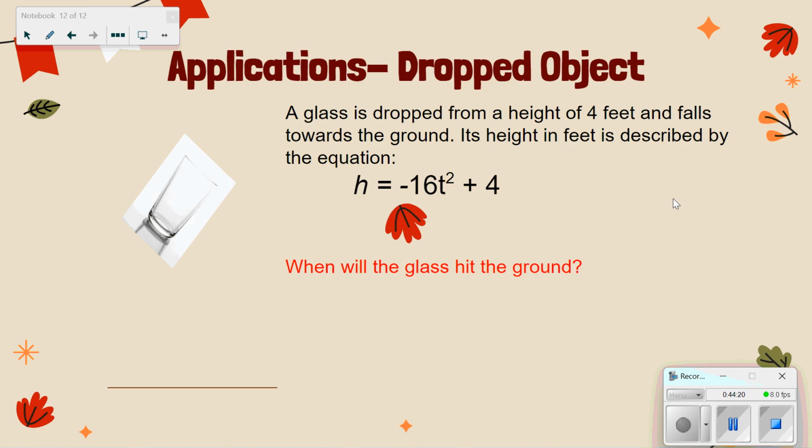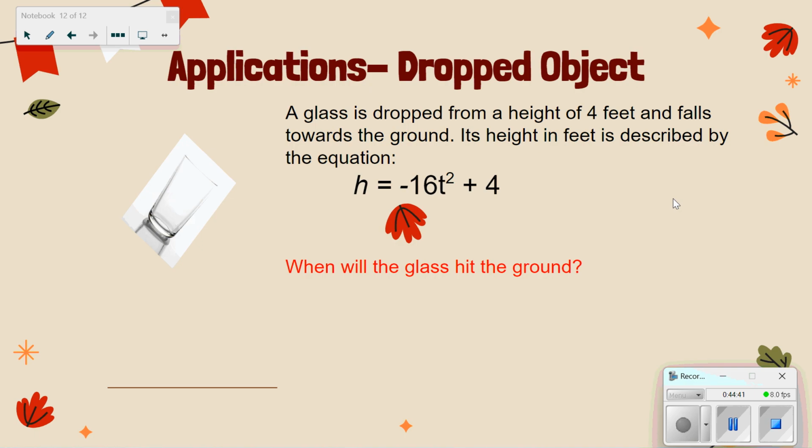Focus. So now let's get into our applications. It's going to be lots of the same types of situations that we were just seeing before with regressions, like finding vertexes, solving, or finding specific values. But now it's a little easier in the sense that you're given the equation for the situation.